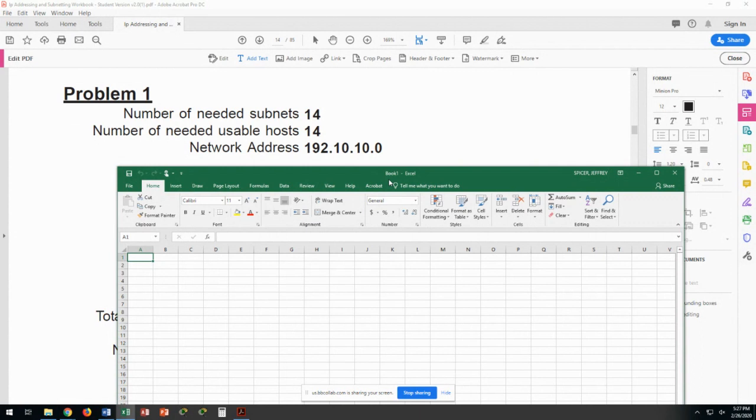And we had 8 bits, right? So if we borrow 4, how many's left? 4. Right? So we got 4 bits left for hosts.